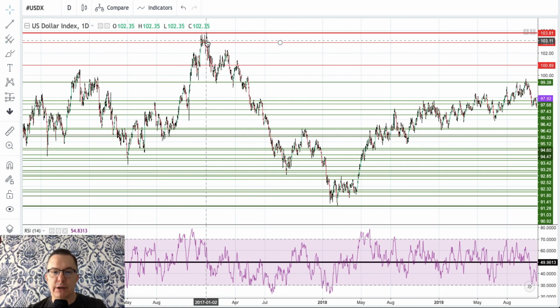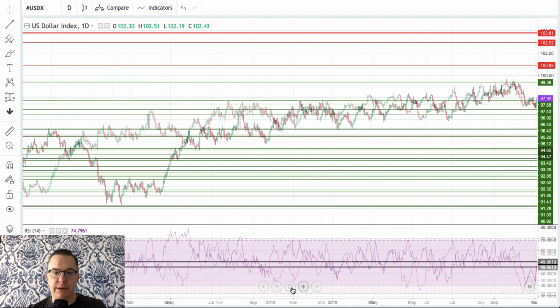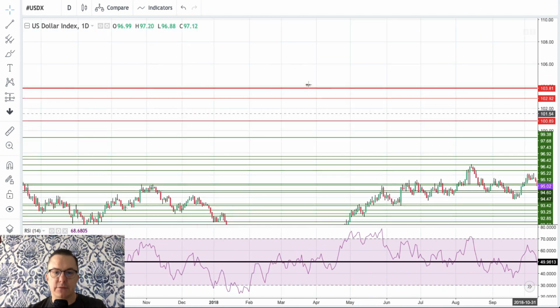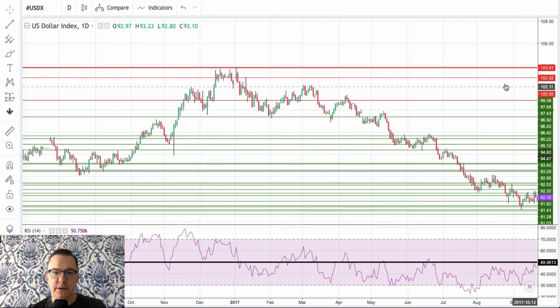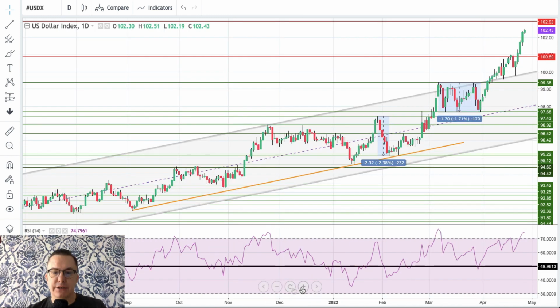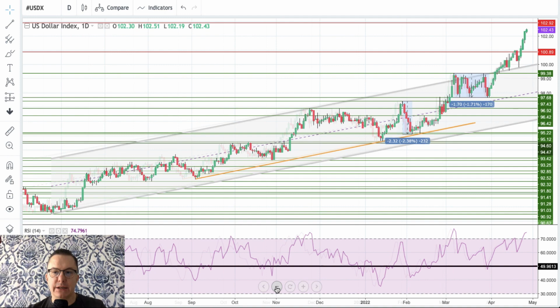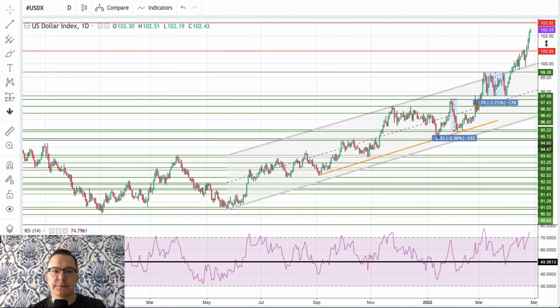Let me just zoom back in, because I want to find the correct level. This is the high, I guess, 103.81. There you go, exactly what I had on my chart. So 103.81 is the high from 2017, and we are approaching this high.